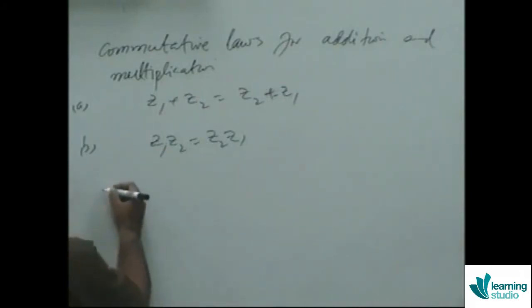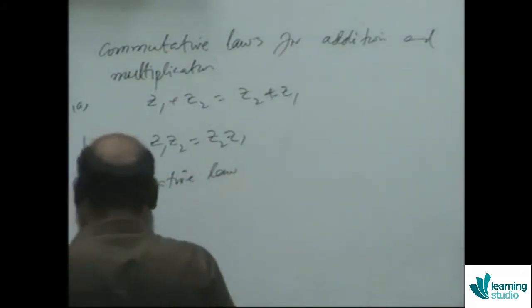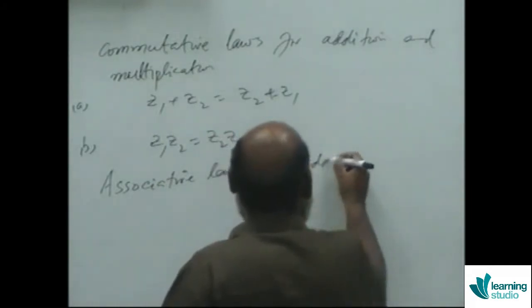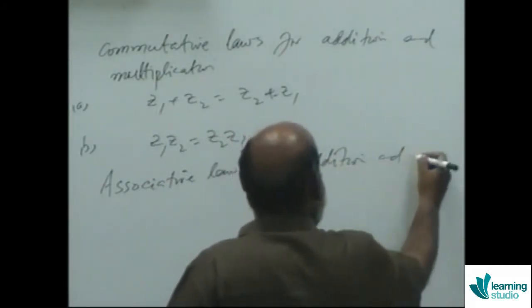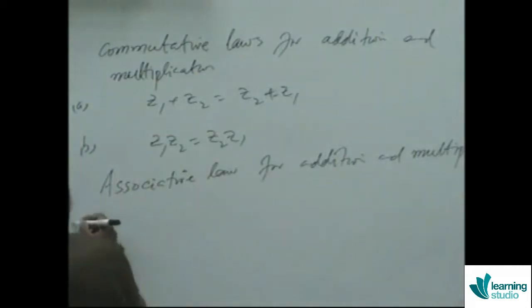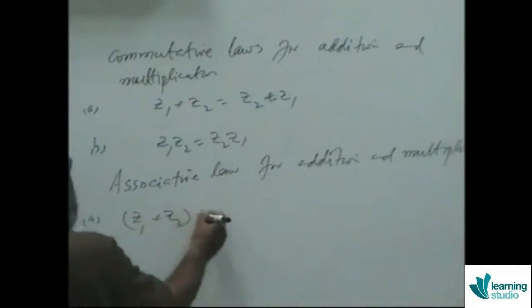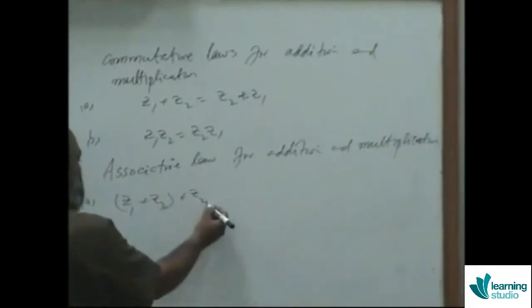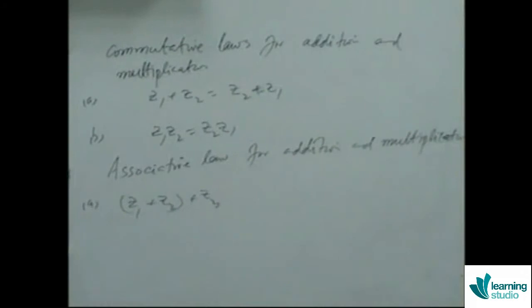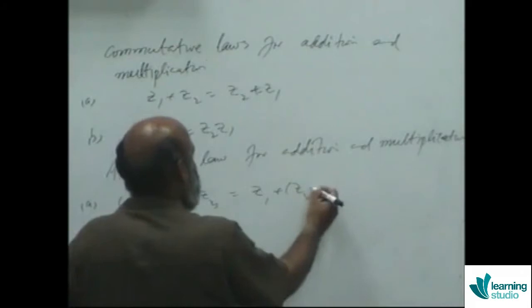Then the law of associativity, that is the associative law for addition and multiplication. That is, if we consider 3 complex numbers, then this way of addition is the same as this way of addition.